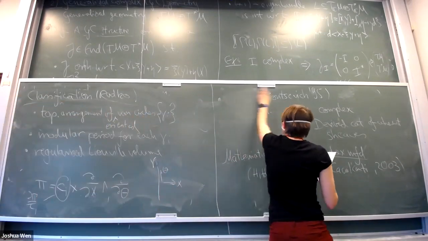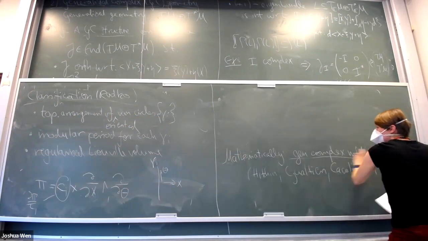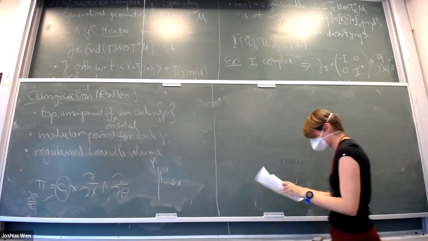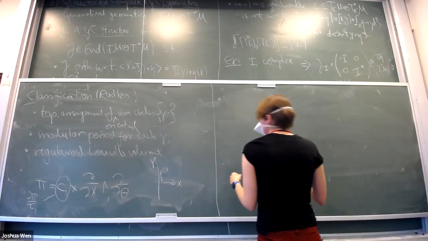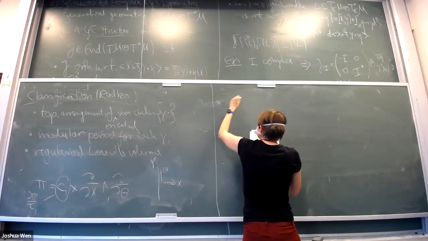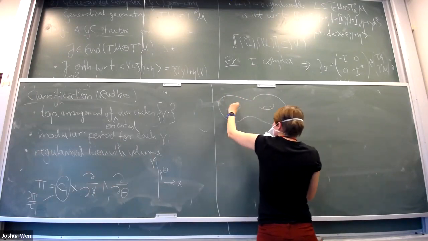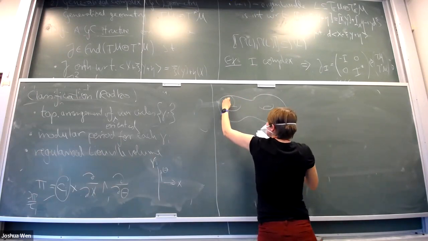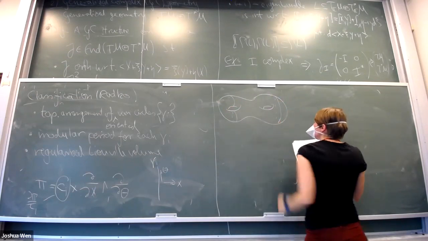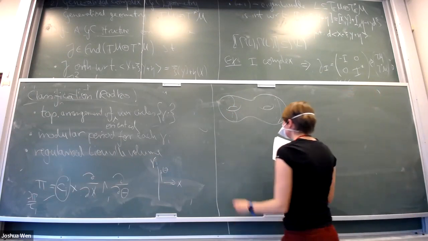I have rephrased this classification a little bit, which maybe makes things a tiny bit clearer. So basically, to each such structure, I'm going to draw an example. Let's have on the genus 2 surface a pi with these kinds of vanishing circles.